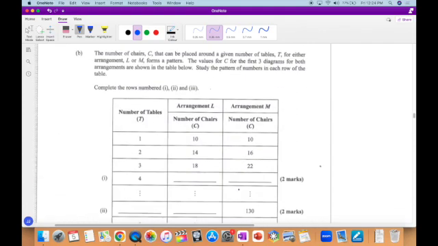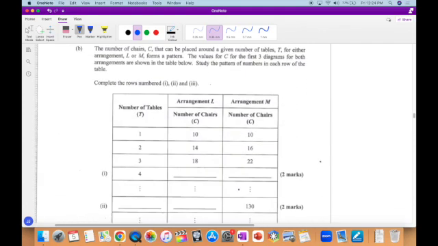Nice, right? So the number of chairs C that can be placed around a given number of tables for either arrangement, L or M, forms a pattern. So this is the number of chairs for L and the number of chairs for M, and we can see that they start off the same, but they are slightly different, right?